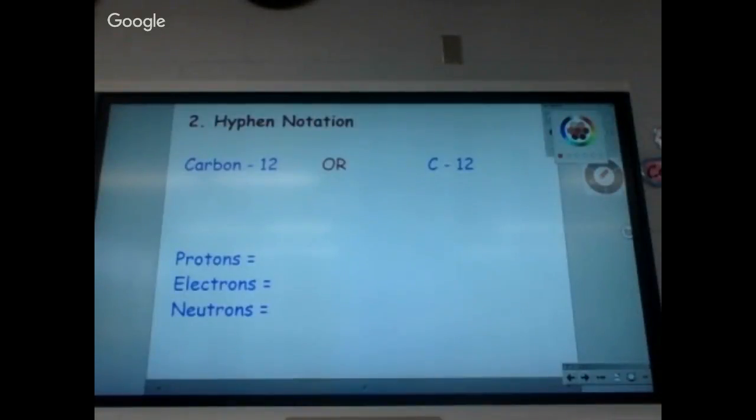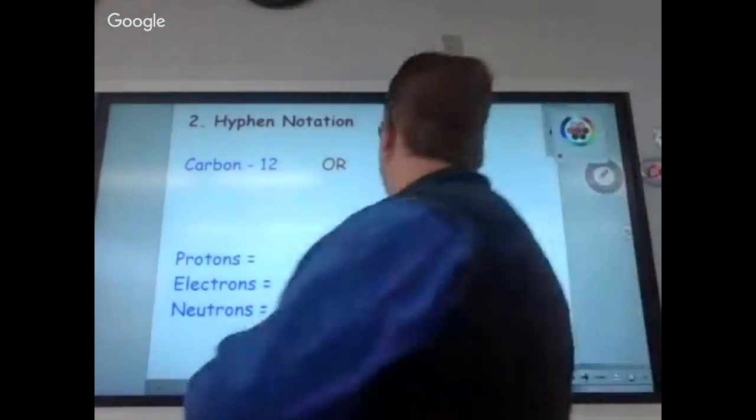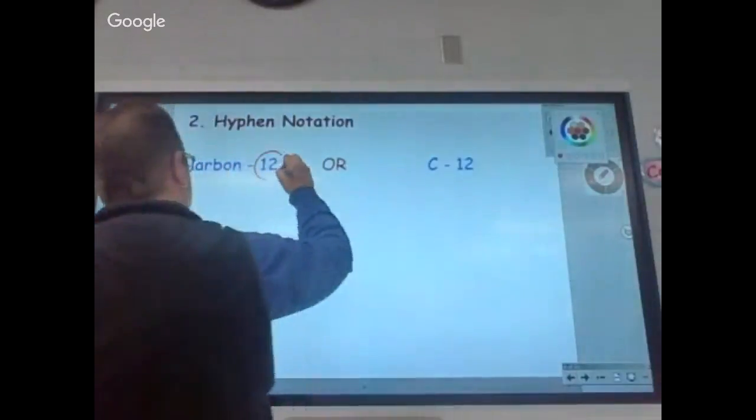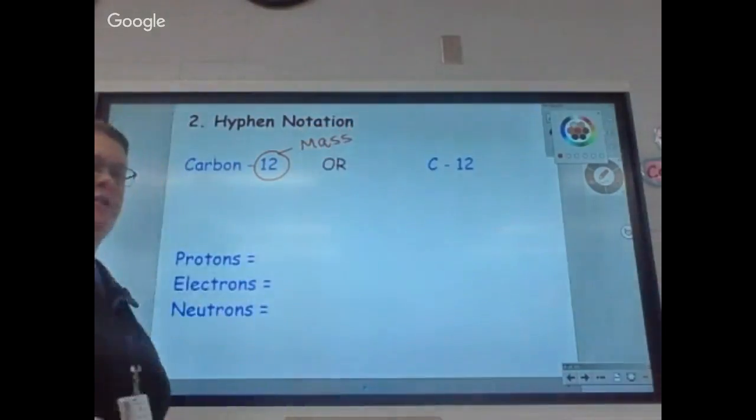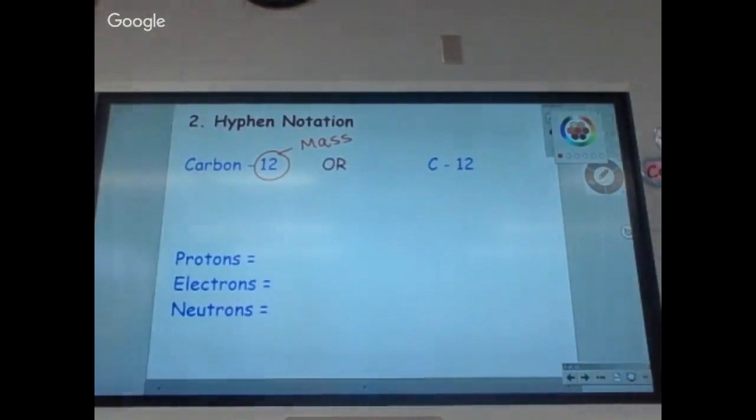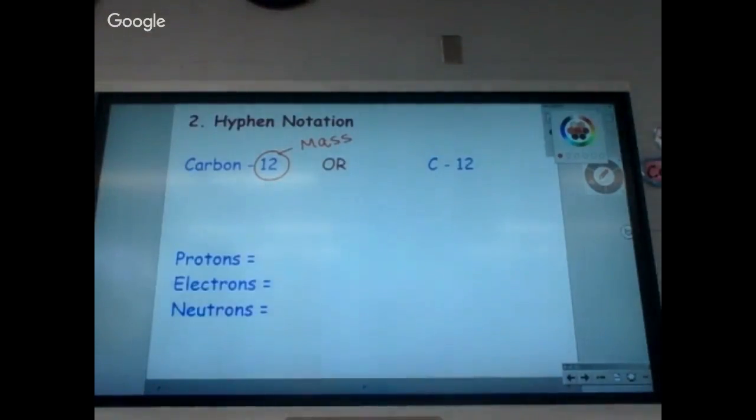This time, you have how many numbers? So the question is, which number did I give you? Did I give you mass or number? I gave you the mass, okay? Mass has to be given, all right? Because mass changes. Mass does not always have to be the same. Atomic number never changes.